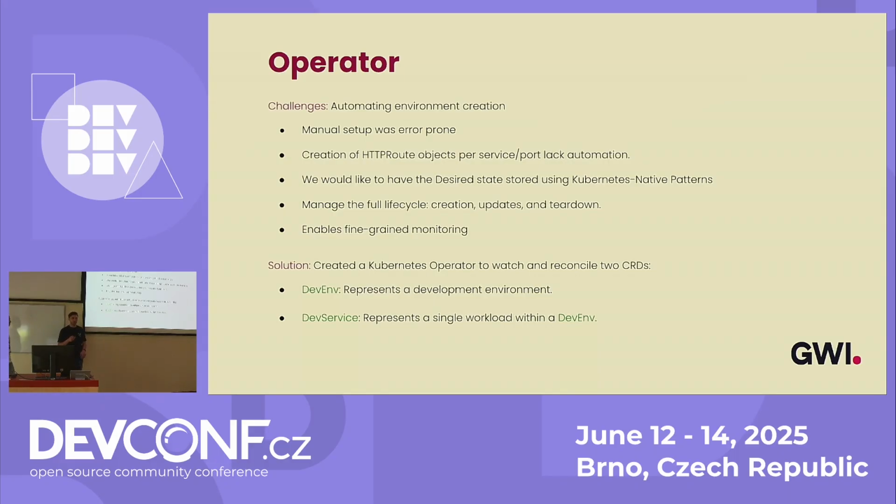So we thought that the perfect solution for all this, which would act like the glue that could stick everything together, would be a Kubernetes operator. To facilitate our job, we introduced two CRDs: the DevEnv CRD that describes a development environment entity, and a DevService that describes a workload within a development environment.